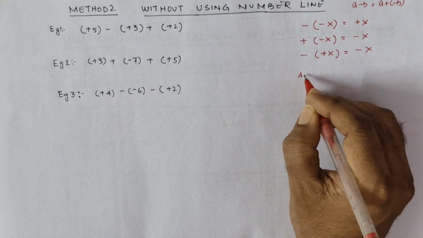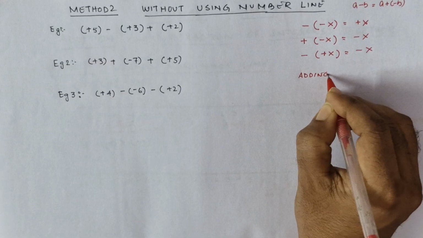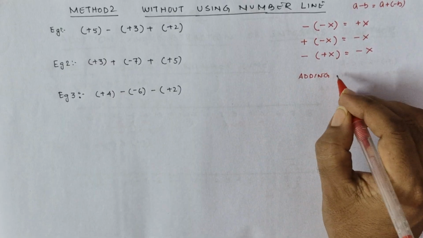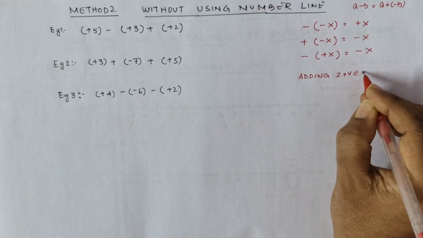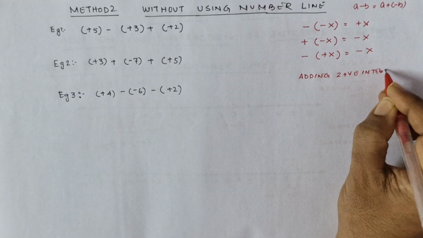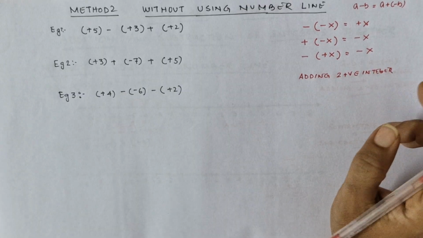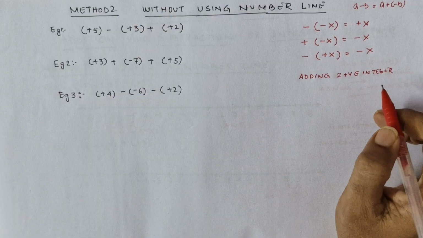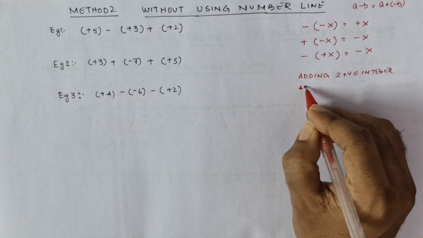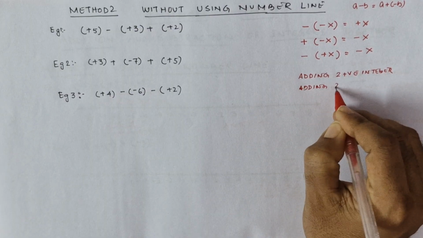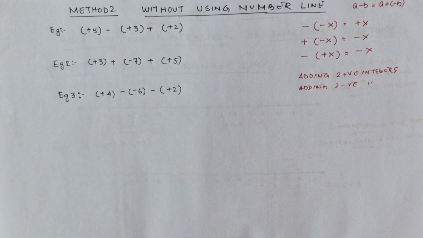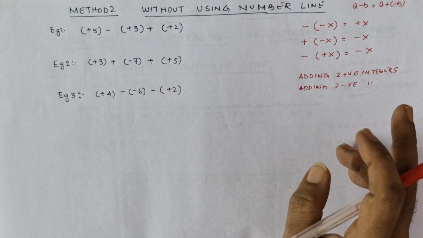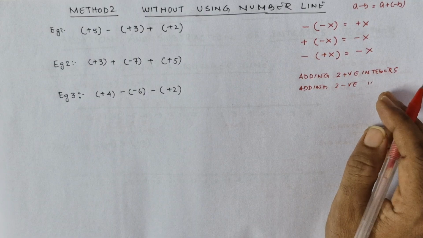If you are adding, I'll just write it again, as in the earlier lectures. Adding 2 positive integers: add their absolute values and the sign will be positive. If you are adding 2 negative integers, then again add their absolute values and put a negative sign before it.